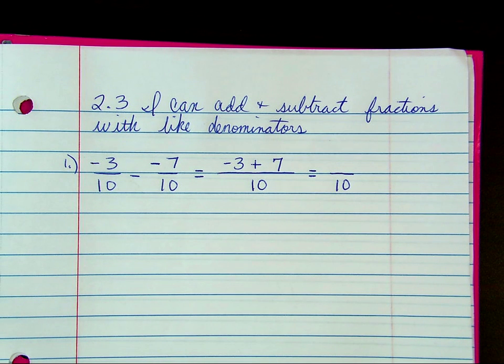And what's negative 3 plus 7, Maddie? Negative 10. Wait. Negative 5. Negative 5. What? Negative 4. Oh, wow.